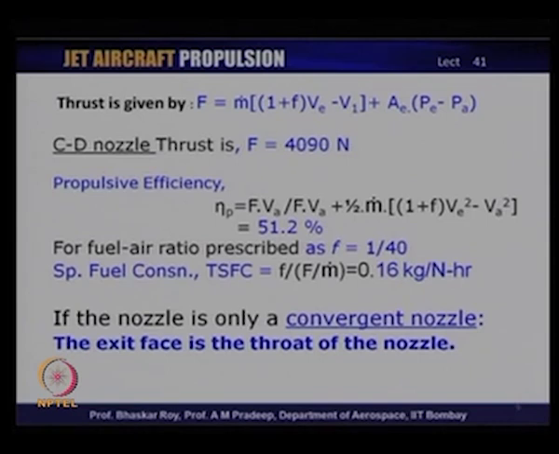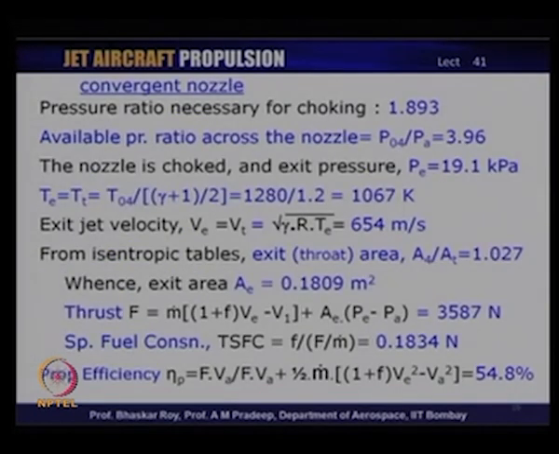Now, if we take the ramjet with a convergent nozzle, which means the exit face is essentially also the throat of the nozzle, and if we take that kind of nozzle as an active nozzle for this ramjet engine, we can calculate the performance all over again. The pressure ratio necessary for choking, that is the ideal pressure ratio which you can calculate from ideal theory, will be 1.893.